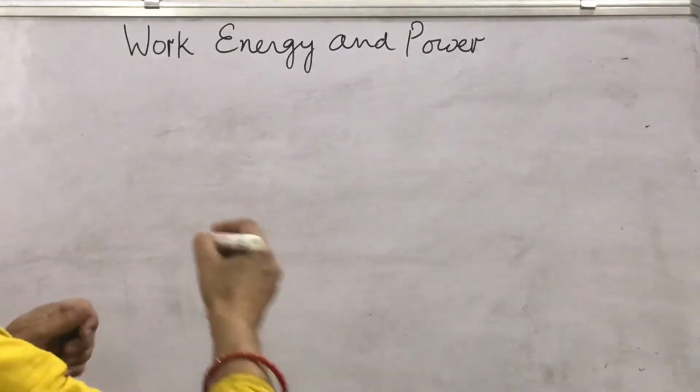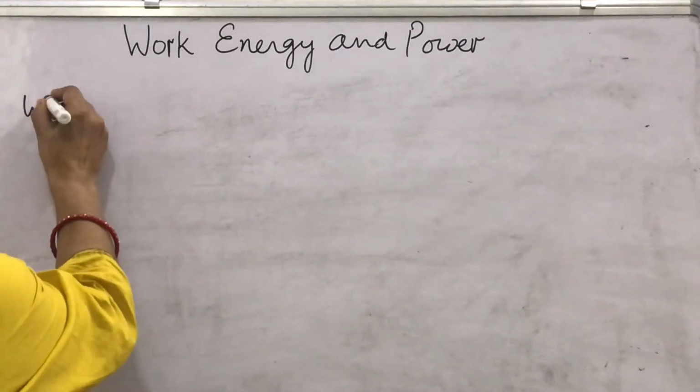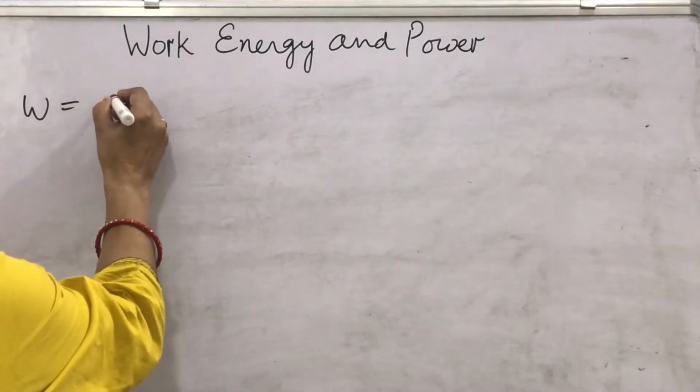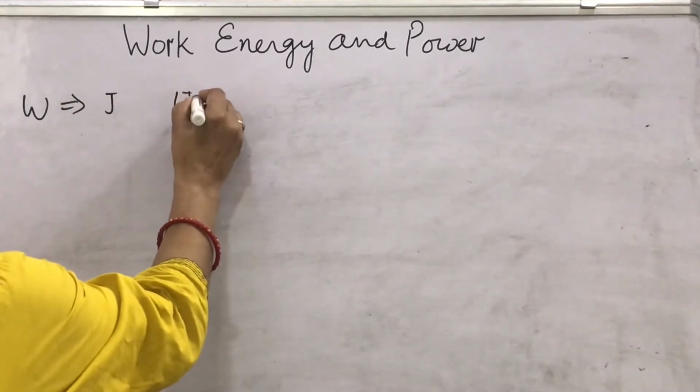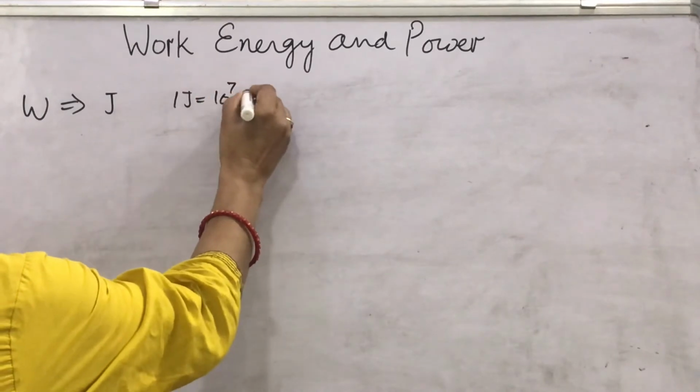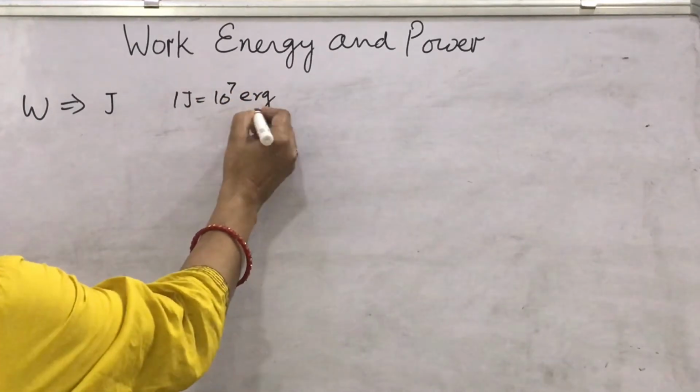Unit and dimensional formula for work. As you know, work has its unit joule, and 1 joule is 10 to the power 7 erg. This is the CGS unit.